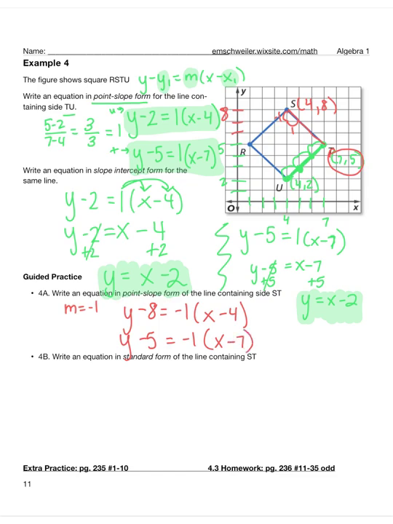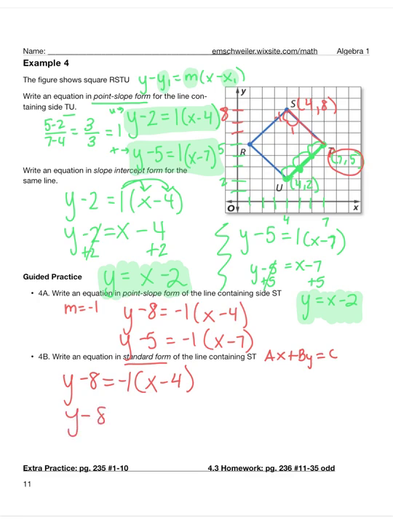Now this one is asking you not to put it in slope-intercept form. This time it's asking you to put it in standard form. So if I take y minus 8 and go to put it in standard form, remember that's the ax plus by equals c.